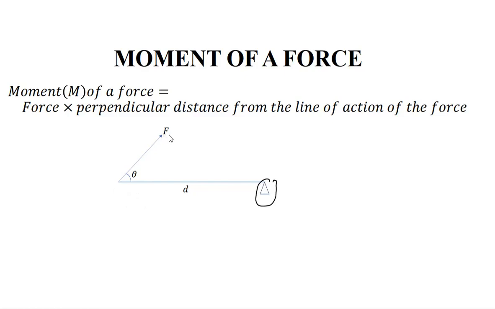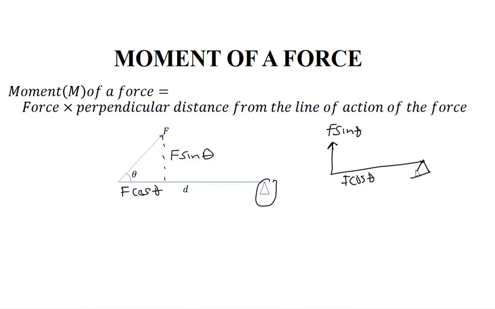Since the force is inclined at an angle, the first thing to do is to resolve that force. Opposite is always sine. That will be F sine theta. Adjacent is cos. That will be F cos theta. Now we can redraw that diagram. This is F sine theta, and the one that lies on the plane is F cos theta.